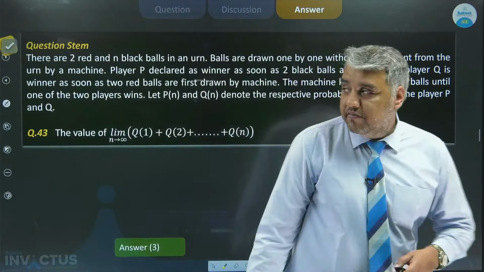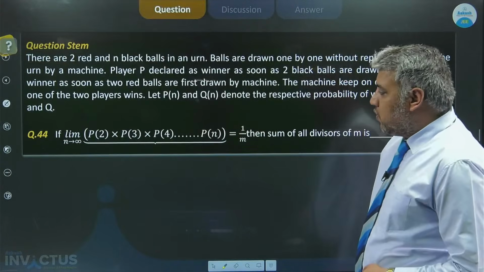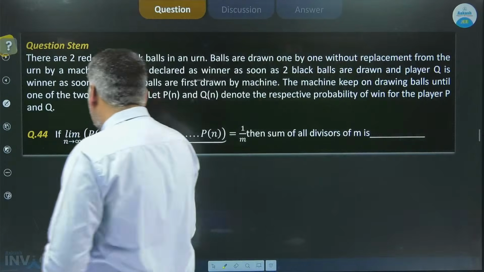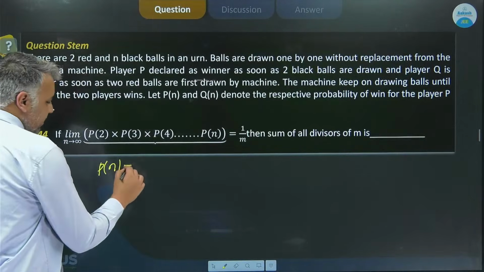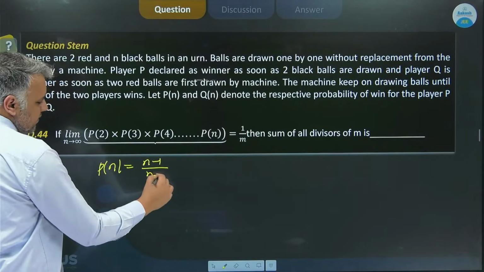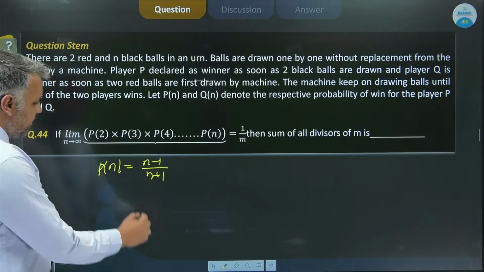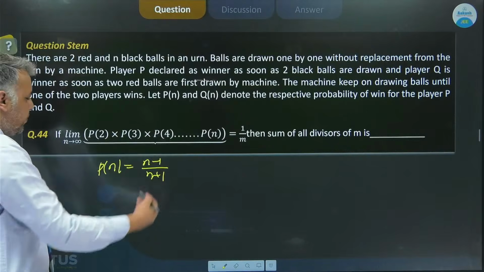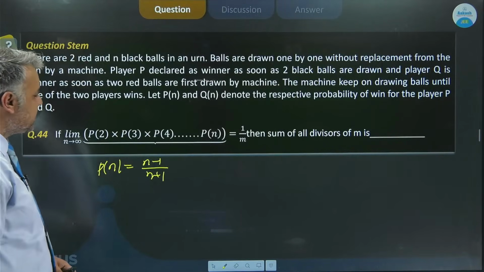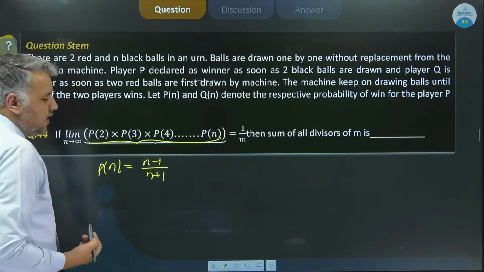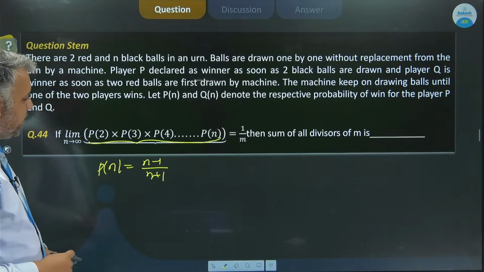Now in the next question, we have to comment on Pn, and we calculated Pn was n minus 1 divided by n plus 1. Okay. So we have to find this product, P of 2, P of 3, P of 4 up to P of n, and then again n tends to infinity. So let's first find this product up to P of n.